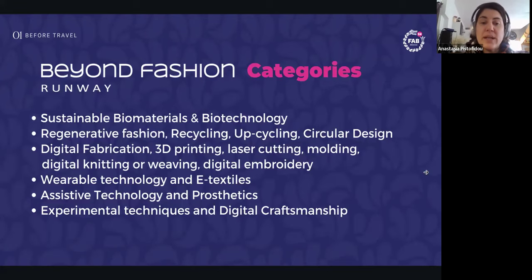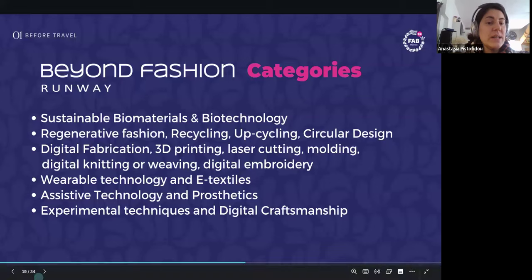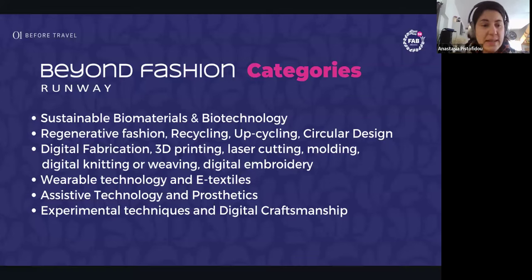So we have different categories for the runway: sustainable biomaterials and biotechnology, regenerative fashion, recycling, upcycling, circular design, digital fabrication, 3D printing, laser cutting, molding, knitting, weaving, embroidery, wearable technology and e-textiles, assistive technology and prosthetics, and experimental techniques and digital craftsmanship.